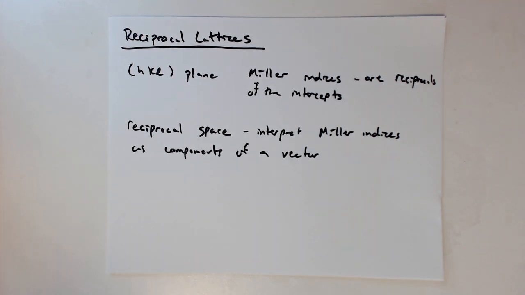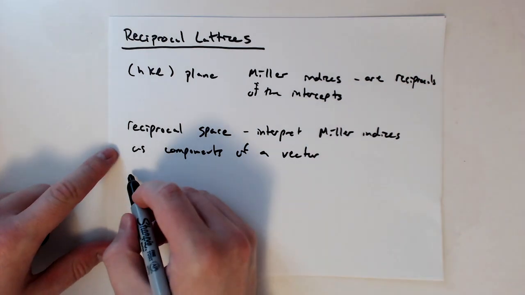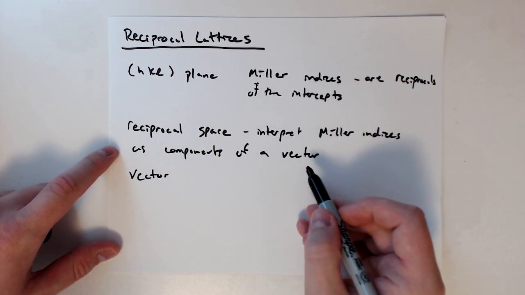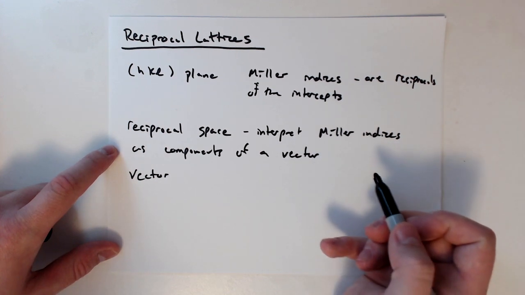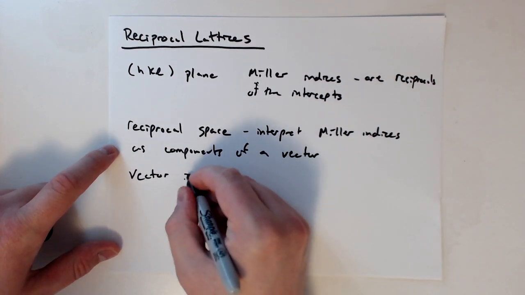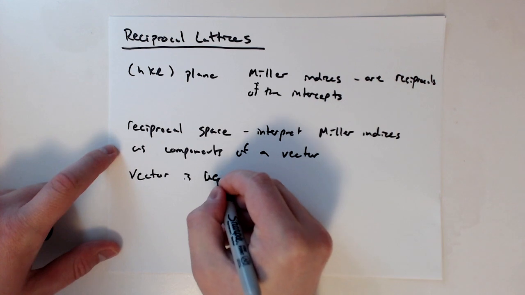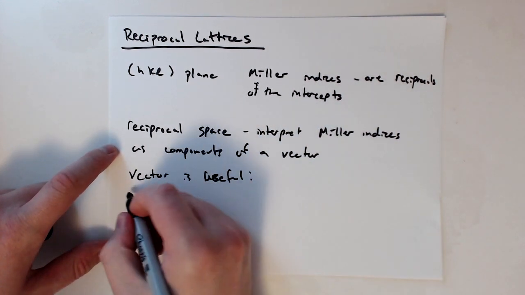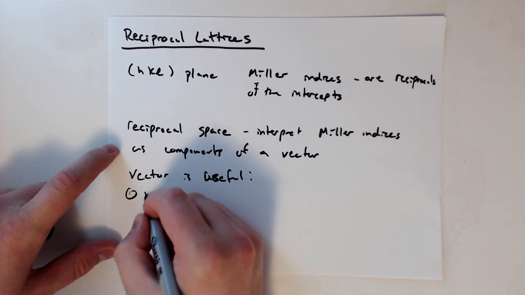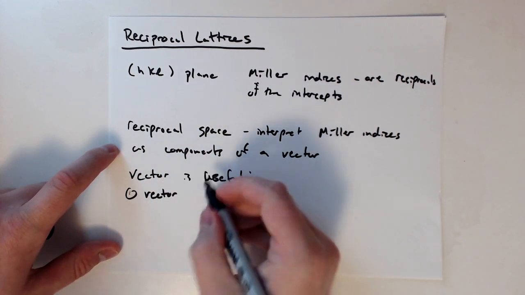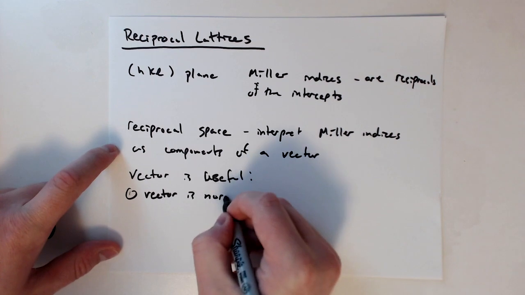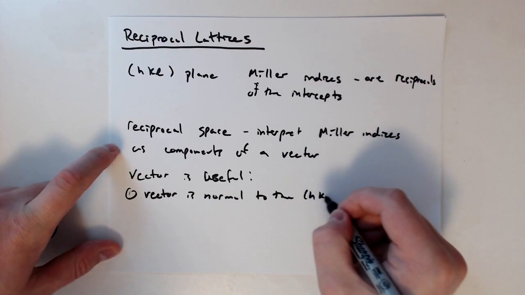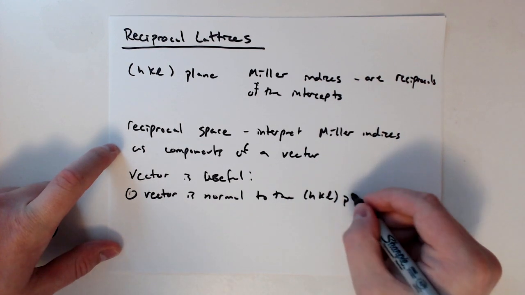And so this vector that we're going to talk about from the plane is useful for a couple of reasons. So one, a vector is normal to the HKL plane.